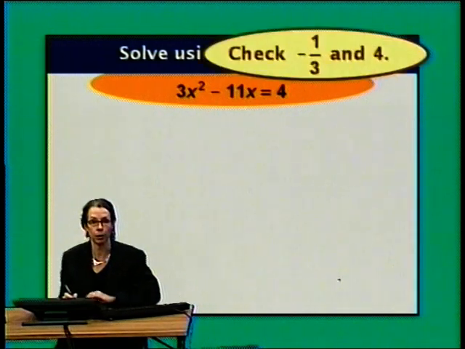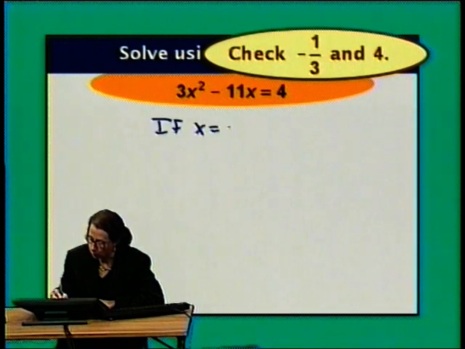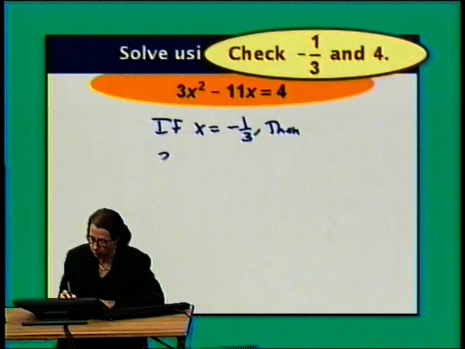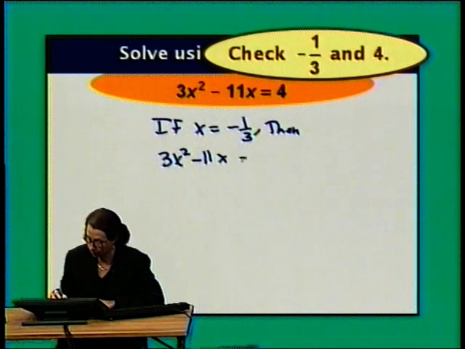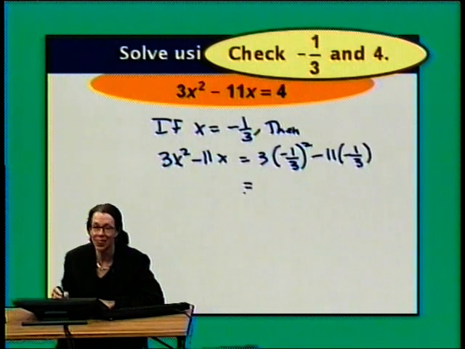Now I want to check. So if x equals negative 1/3, then 3x squared minus 11x equals 3 times negative 1/3 squared minus 11 times negative 1/3.